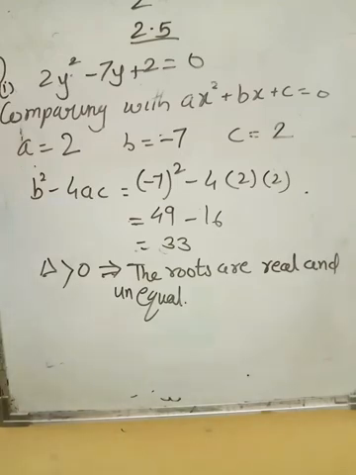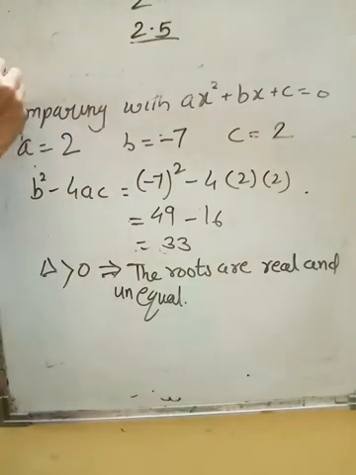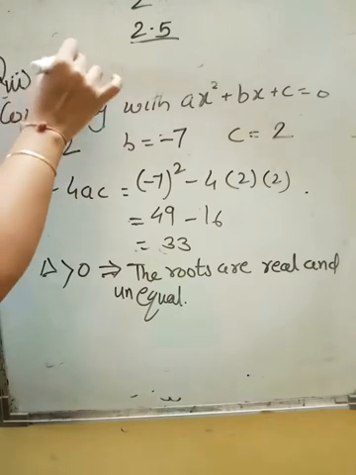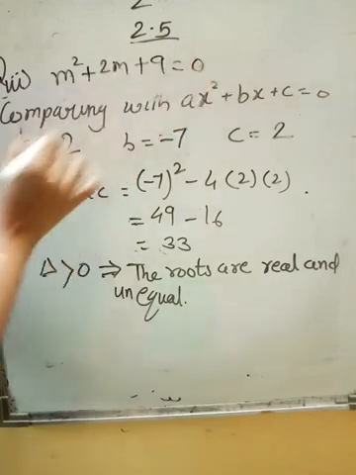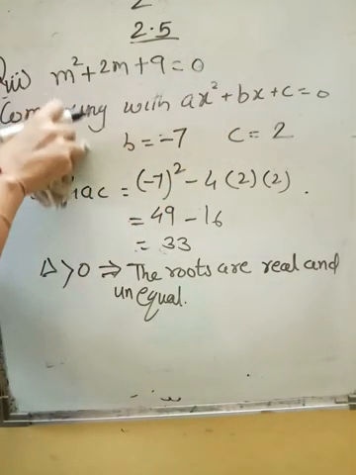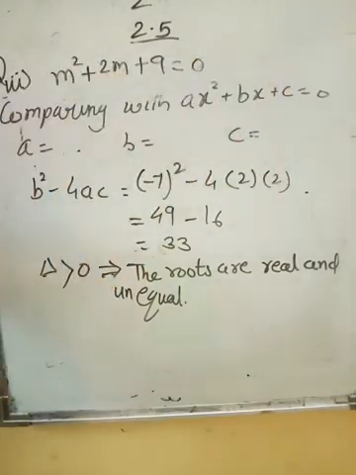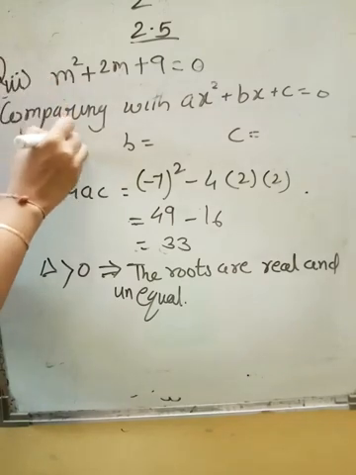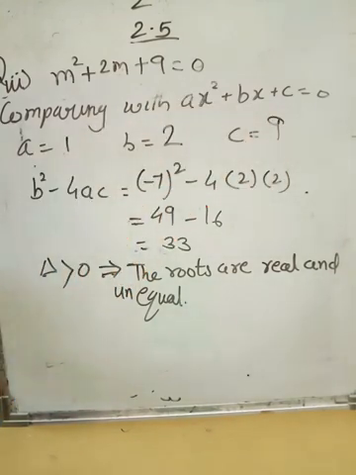Now the third sum, the last sum. So you have m square plus 2m plus 9 equal to 0. Again I will be comparing with ax square plus bx plus c. So let us find out the values of a, b and c. So I have a as 1, b as 2 and c as 9. Alright.